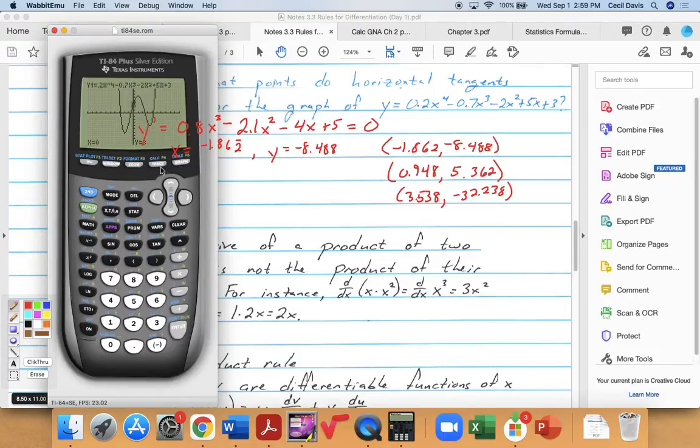Something doesn't seem right. So I'm going to trace this to negative 1.862. Did I type something wrong? Yes, you put the function wrong. I typed it wrong? Yeah, the function. What did I type?